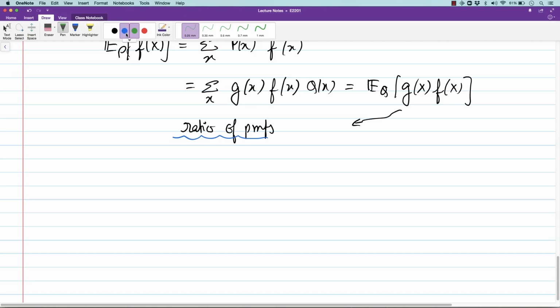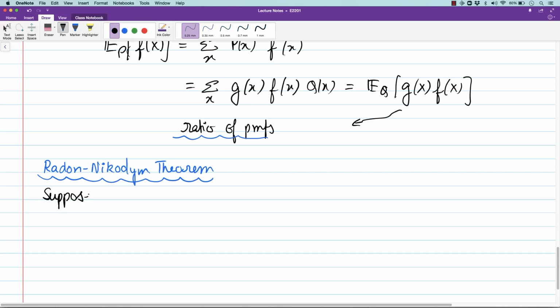There is a result, from measure theory or probability theory, called the Radon-Nikodym theorem. So what does this theorem say? It says that suppose P is absolutely continuous with respect to Q. I'll define what this means.